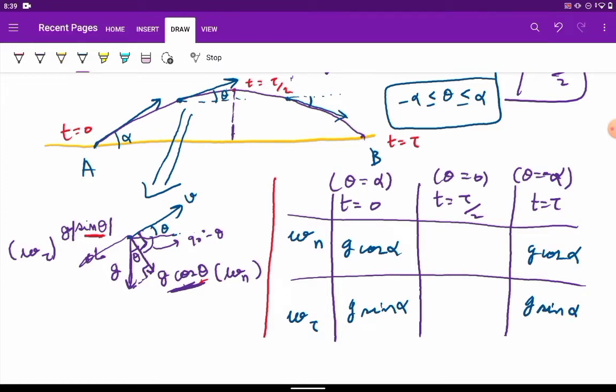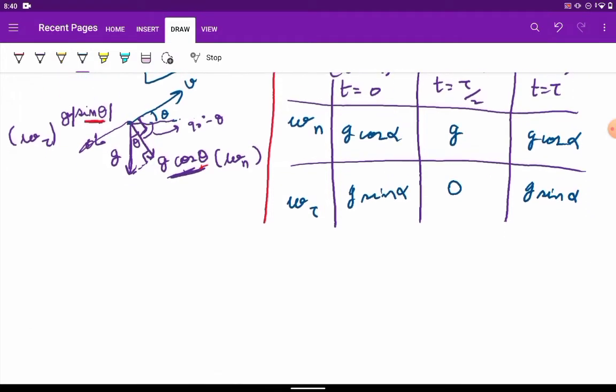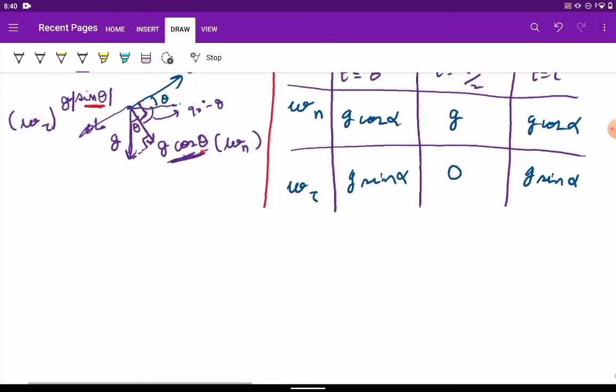What about t equal to tau by 2, at theta equal to 0? When theta is 0, cos theta becomes 1, so this becomes g, sin theta becomes 0, so this becomes 0. Fine.